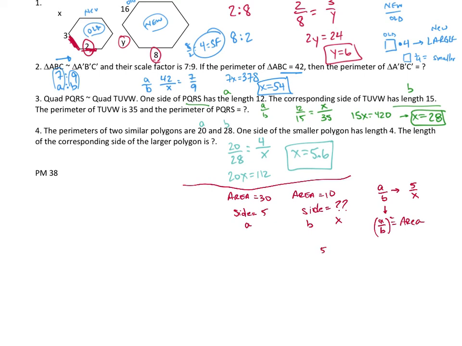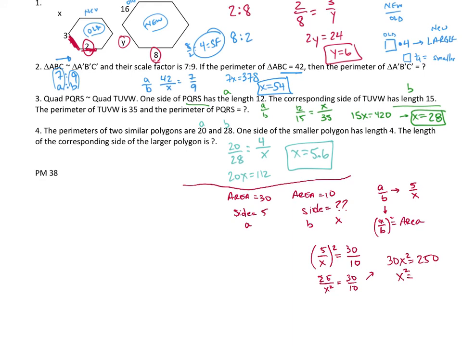So that means I'd have to say 5 to x, squared, gives me the ratio of these areas, which would have been 30 to 10. So let's go ahead and do this problem now. So I will get 5 squared, which is 25, over x squared, equals 30 over 10. We cross multiply, we're going to get 30x squared equals 250.